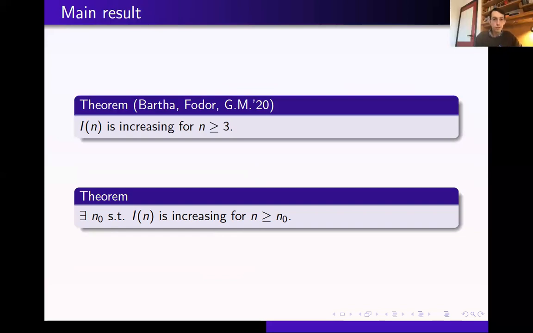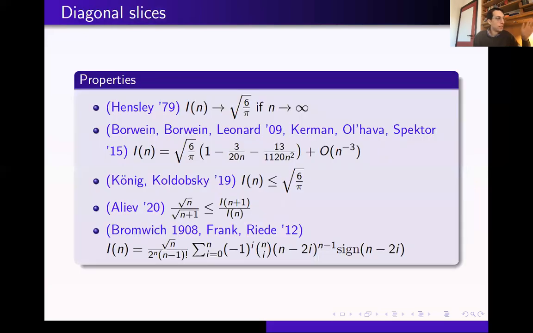May I ask a quick question? Yes, sure. So am I right in understanding that in the asymptotic expansion for large n that you showed before, you are saying that I(n) admits a complete asymptotic expansion in n, and each of the terms can be computed? There is an algorithm for it. Exactly. Yes, you are totally correct. That's the case, exactly.